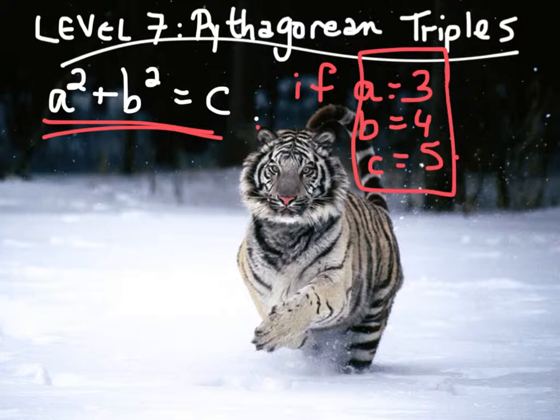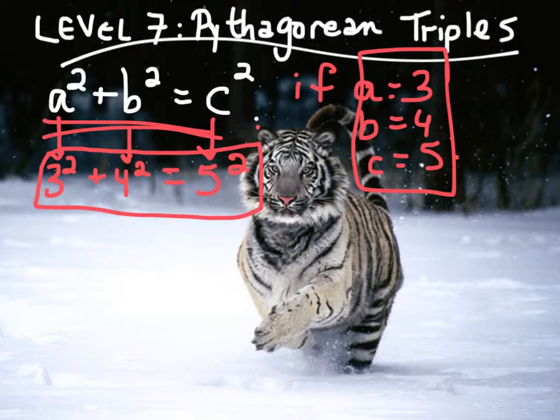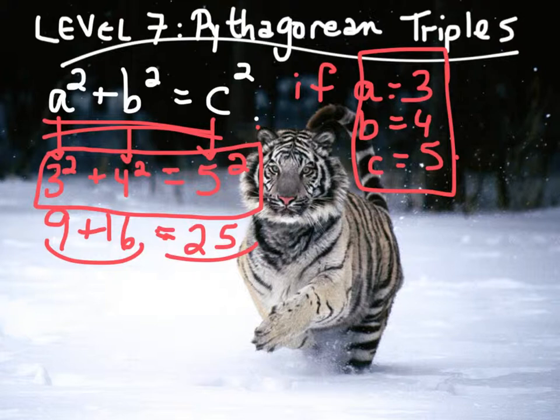This is a Pythagorean triple because if I replaced a with 3 in this equation, and I replaced b with 4, and I replaced c, oh, I forgot that squared there, and if I replaced c with 5 squared, this equation is in fact true because 3 squared is 9, 4 squared is 16, and 5 squared equals 25, and 9 plus 16 does in fact equal 25. So since these three numbers make this equation true, they are called Pythagorean triples.